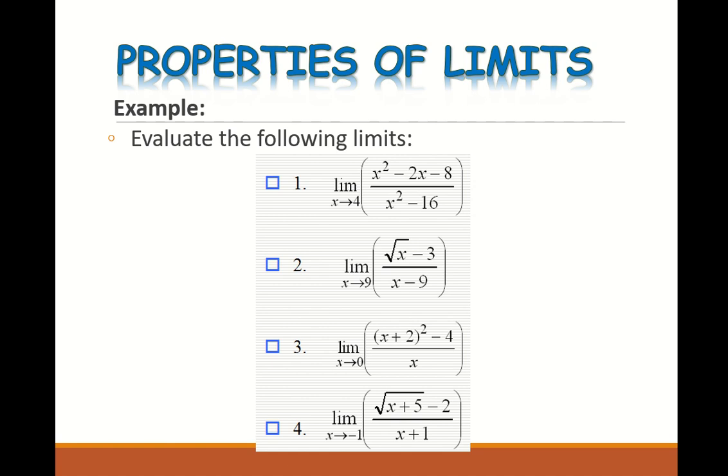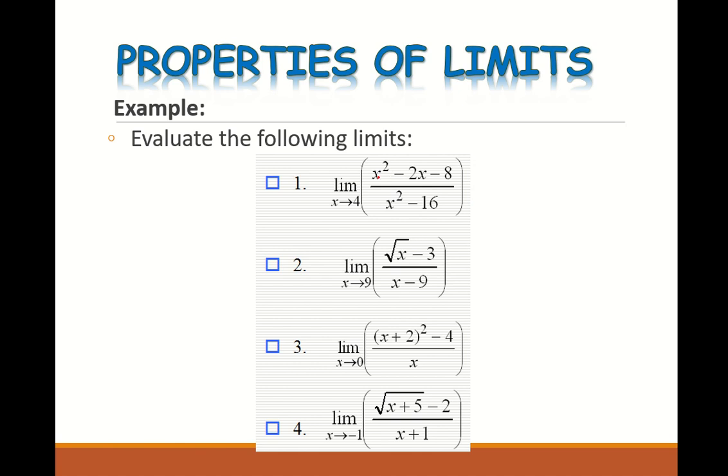Alright, so by direct substitution, what will happen? Of course, you have to start by seeing if the method of direct substitution will work. So in this case, if you substitute x equal to 4, at the denominator this becomes 4 squared minus 16. 4 squared is 16, 16 minus 16 makes 0.